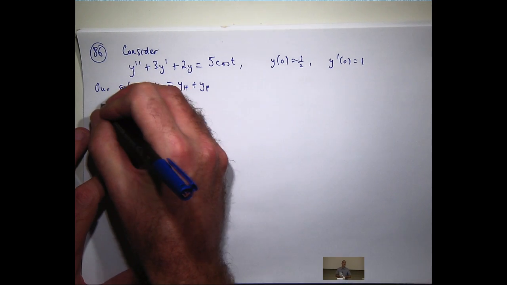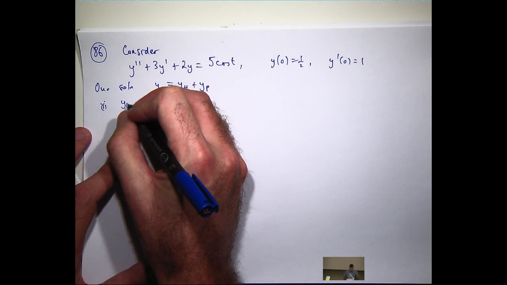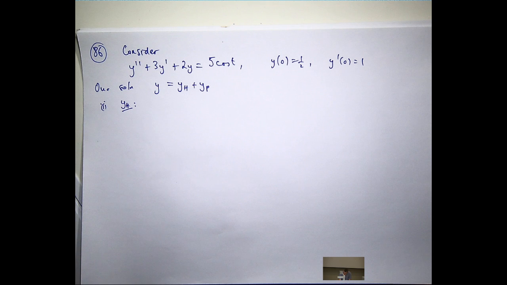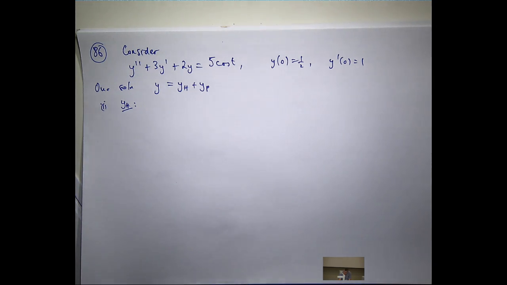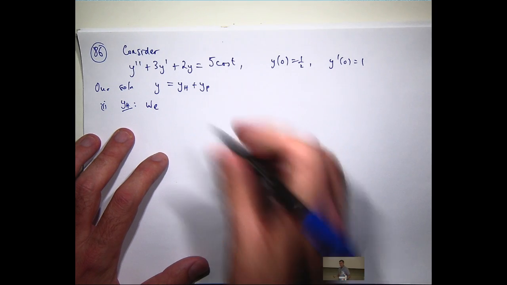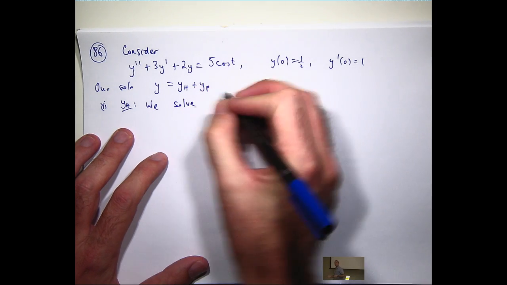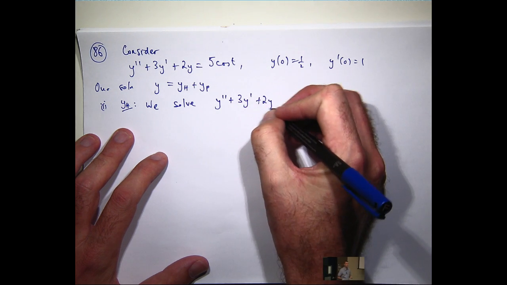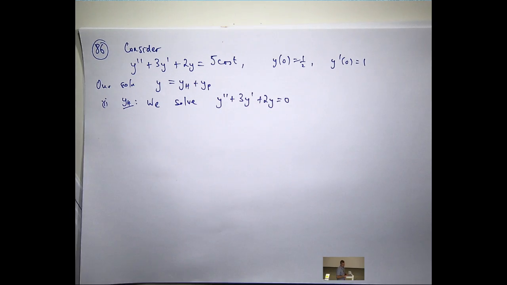Okay? So let's solve for y sub h first. The h means it's a solution to the homogeneous problem. By that, I mean the right-hand side is just 0. So who can remember, how do we solve this homogeneous problem?